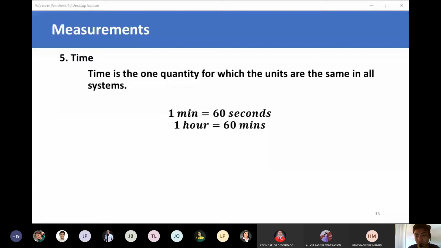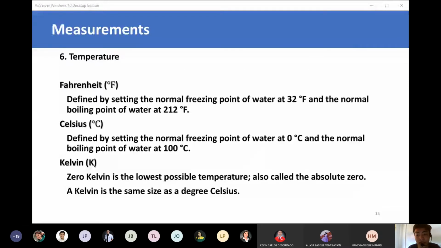Okay, so the temperature. What is temperature? Temperature is just the average kinetic energy of your molecules. That means your molecules are moving. If they move, they possess energy, and that can be translated into heat, which we usually denote as the temperature itself.